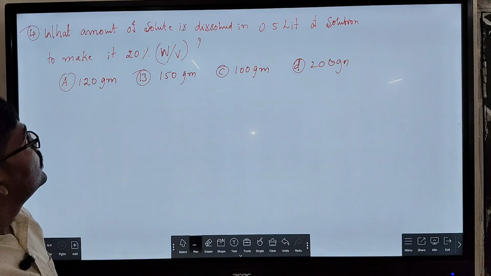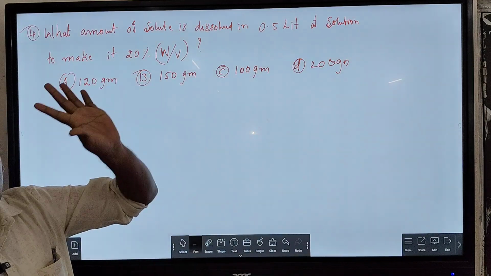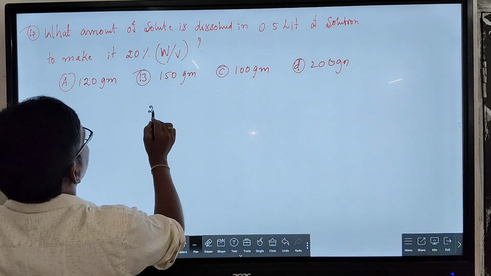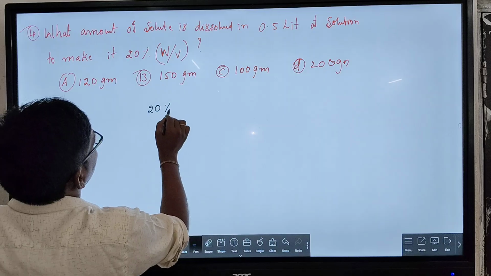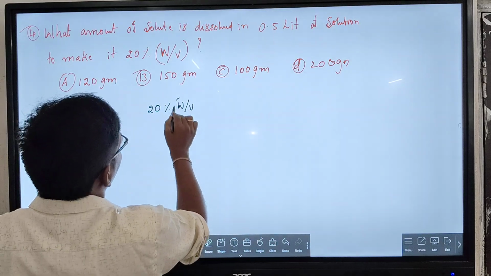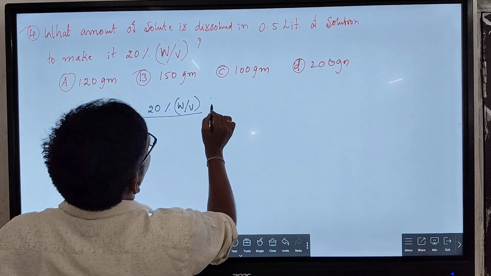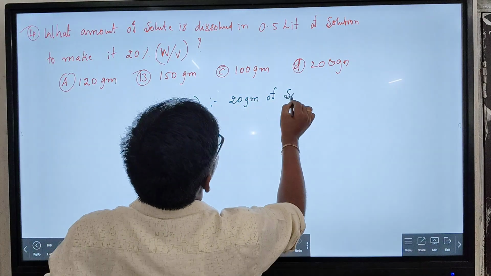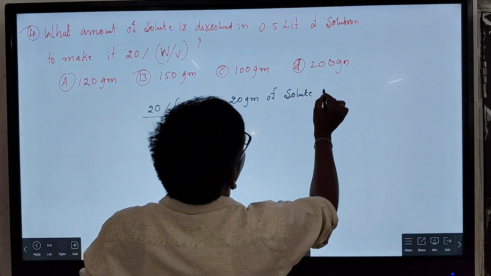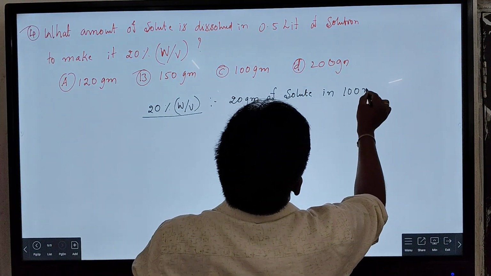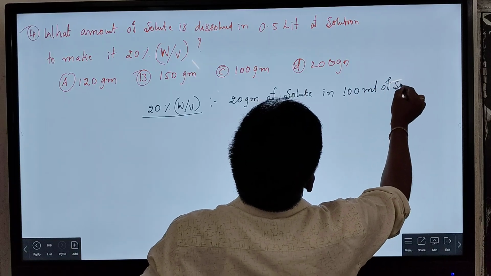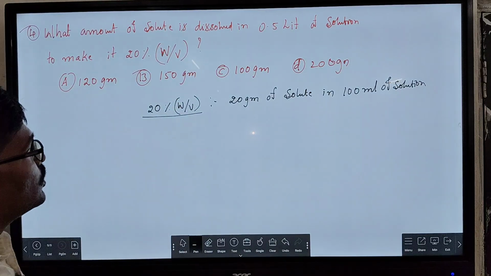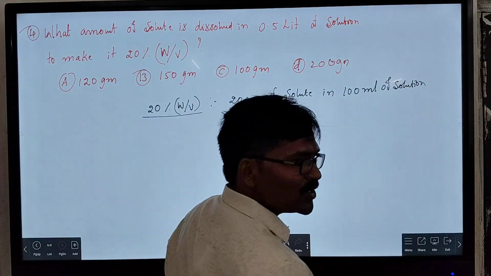First, 20% weight by volume, what does it mean? 20% weight by volume means 20 grams of solute in 100 ml of solution. This is the meaning. Clear all of you? So 20 grams is present in 100 ml of solution.